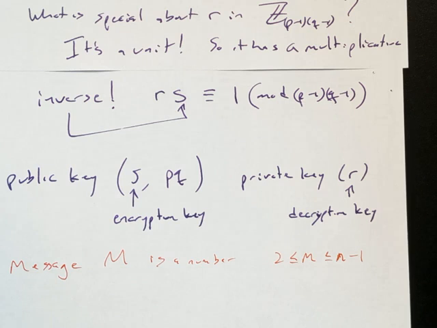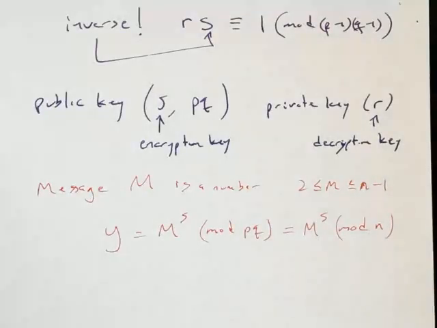So you take your message and you compute that. Y is your ciphertext. Your plain text message M, this big number, has now become a different number, Y. So I get the message.